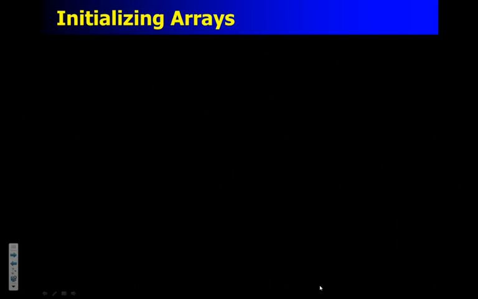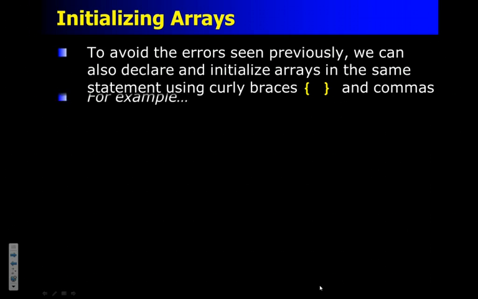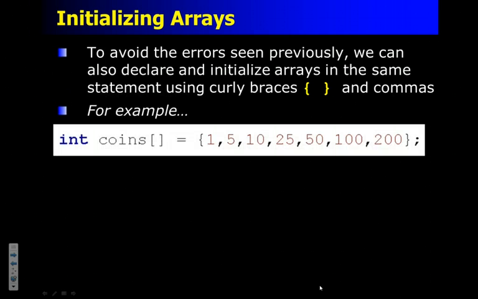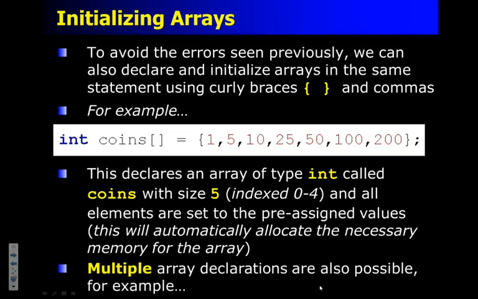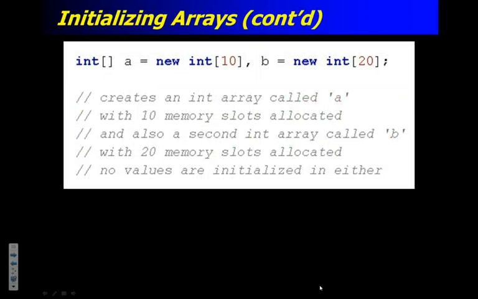I just showed you how you can use the curly brackets and the commas to build up arrays of values. If I had called it coins, you would have got the hint on that last one. And if you want to be really lazy, you can create multiple arrays on one line of code.